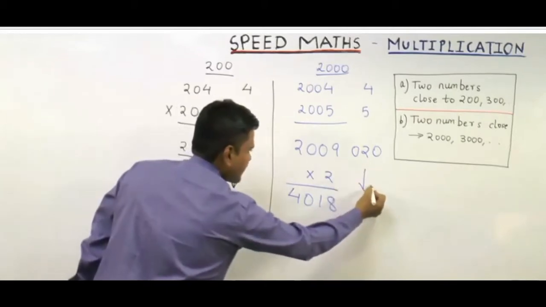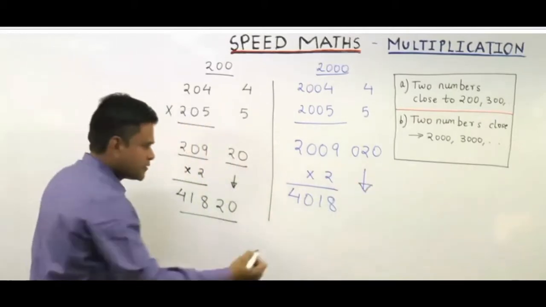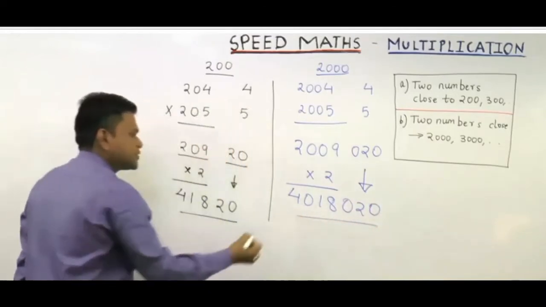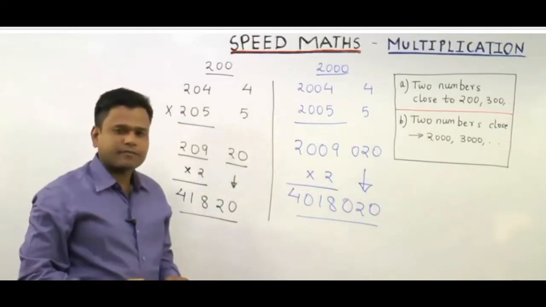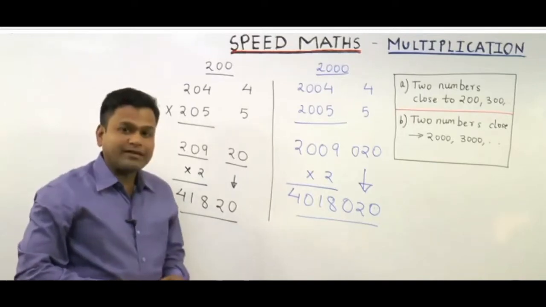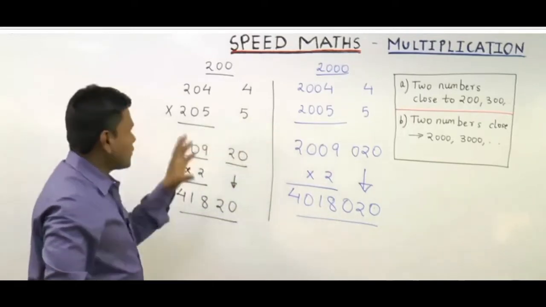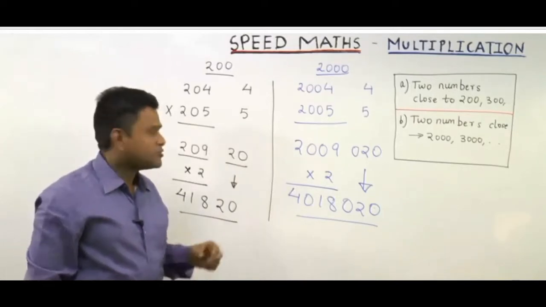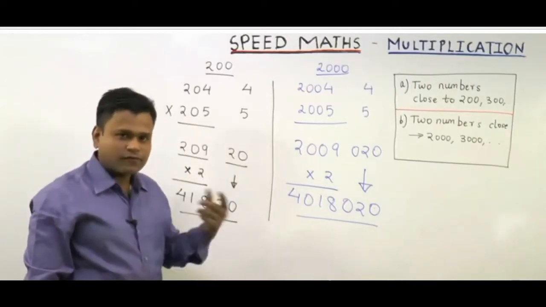Bring it down as it is. We put it here. That's the answer. So that is the answer we obtained, 40 lakhs 18,020. In the same way, you can do that for, let's say, numbers close to 300. For 300, you'll have to make it 3 times. 400, 4 times, like that.